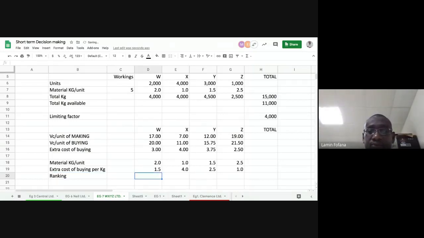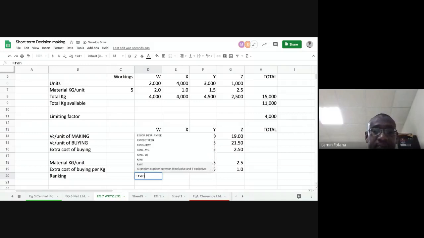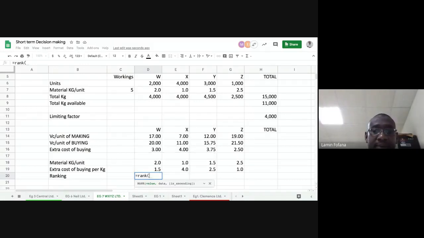So the same thing, we use the rank formula. Bracket opens.